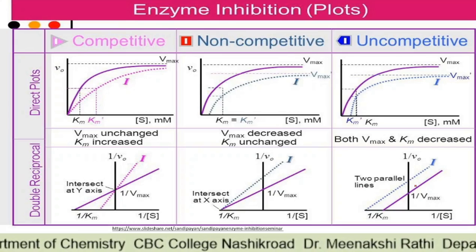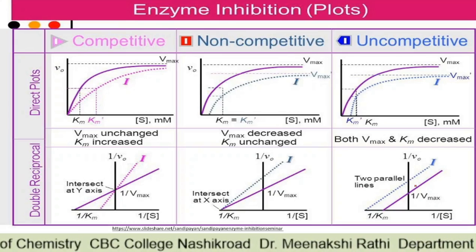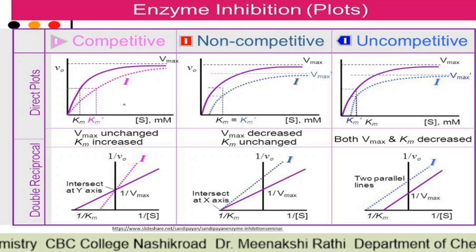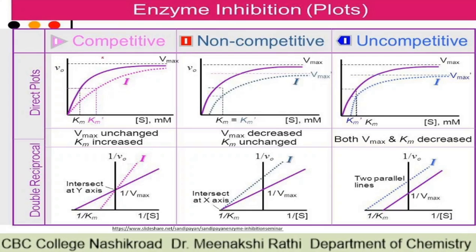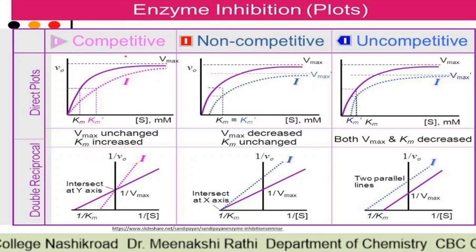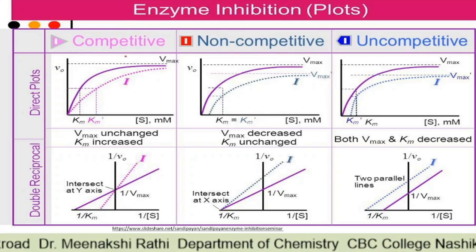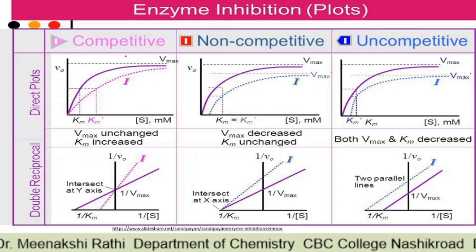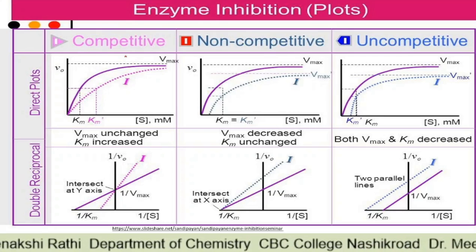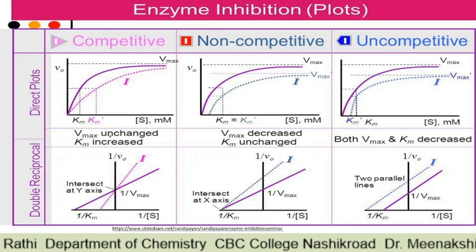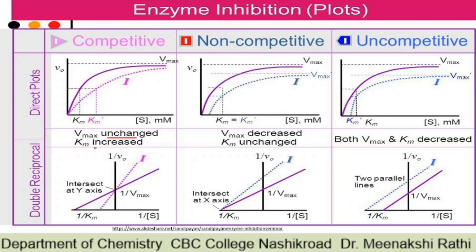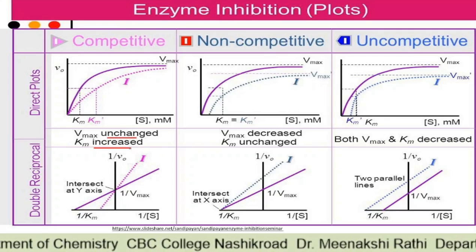We have already discussed all these plots in detail, but still here you can see that in case of competitive inhibition, when there is a competition between inhibitor and substrate to attack the active site, Vmax is unchanged but Km is increased.